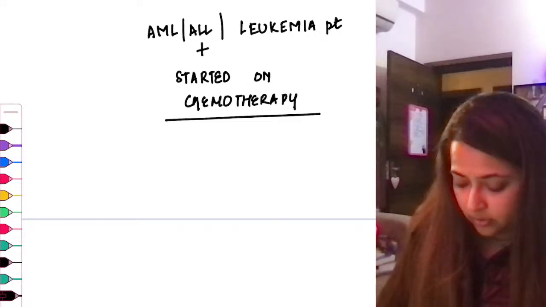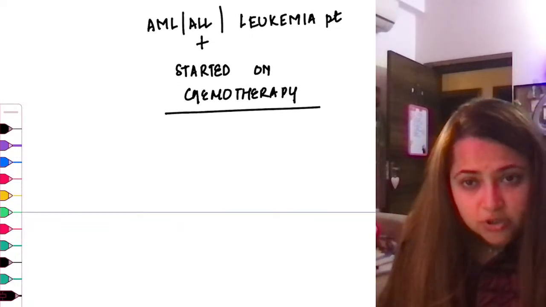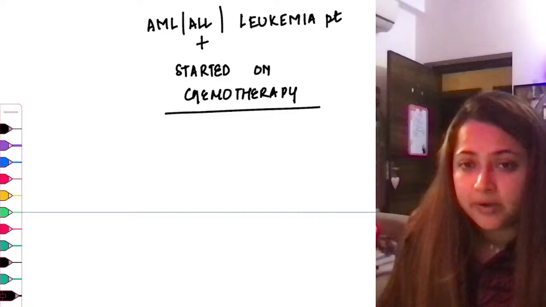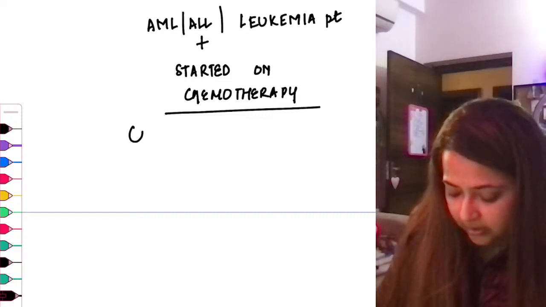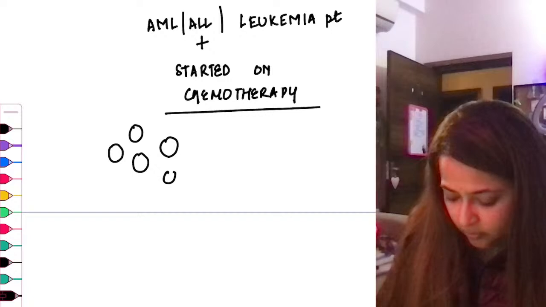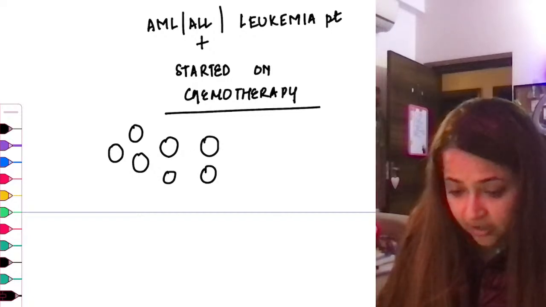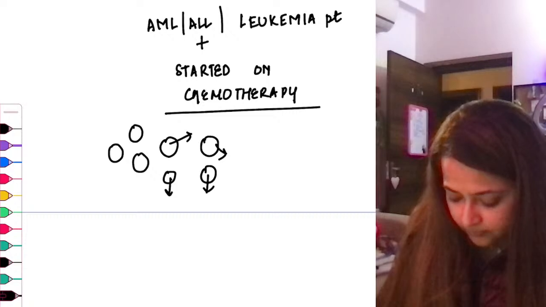What will happen? If you start a chemotherapeutic agent, obviously that is going to target the rapidly dividing cells. So the cancer cells, supposing these are the cancer cells, they are going to get broken down.